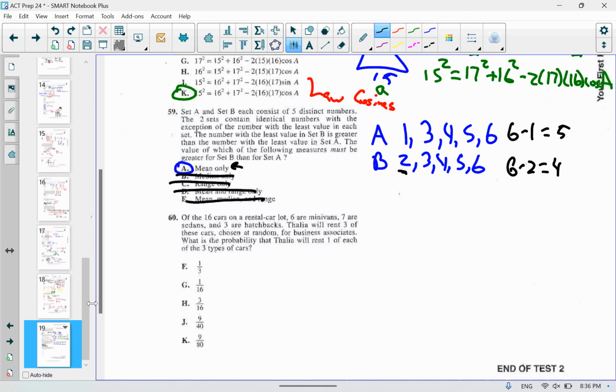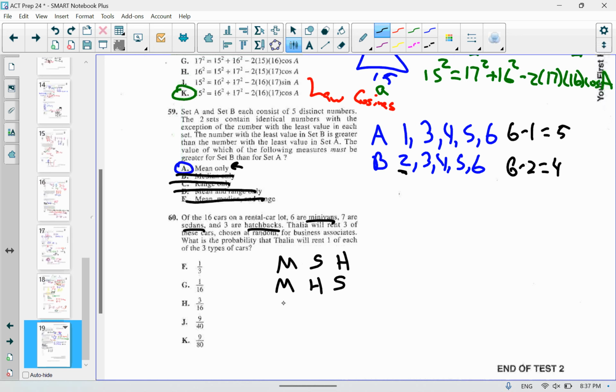So we have minivans, we have sedans, and we have hatchbacks. We're asking for one of each possible type. So let's think about this. The first car could be a minivan, then I could take a sedan, then a hatchback. I would still get one of each. I could have a minivan, then a hatchback, then a sedan.